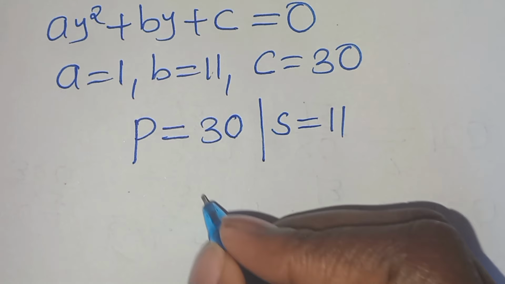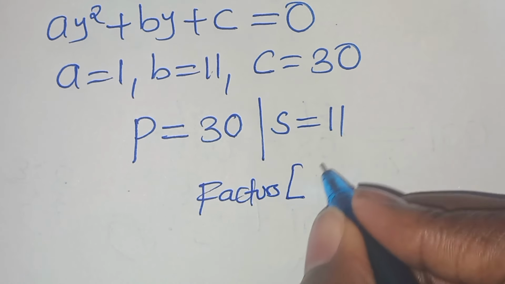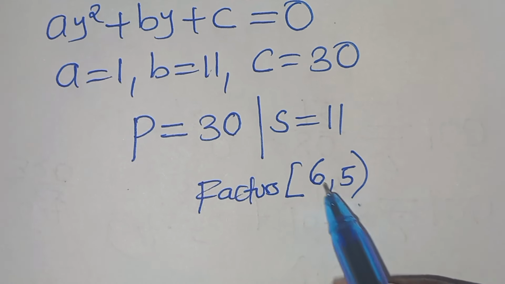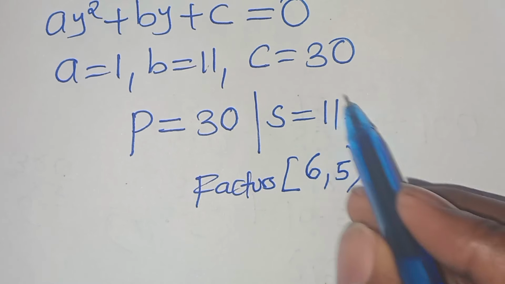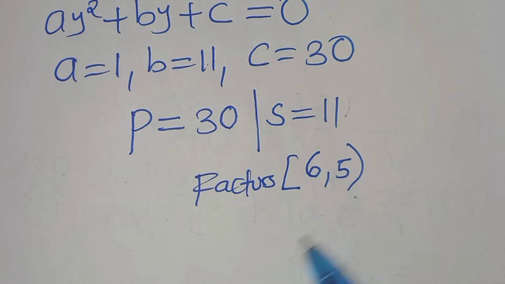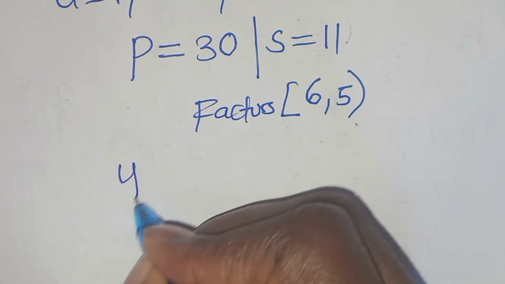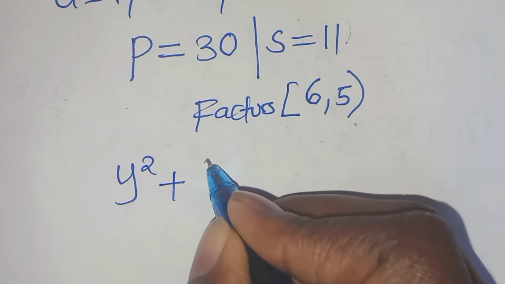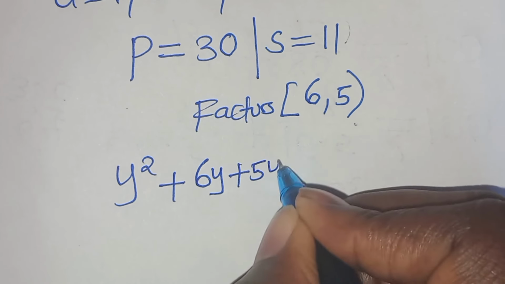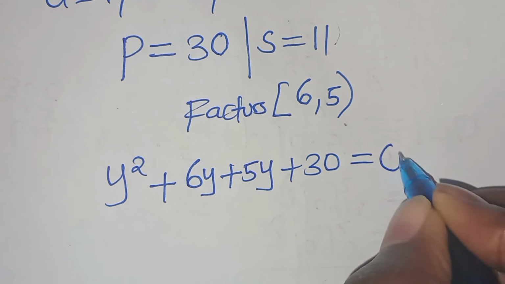Let's identify two factors. We have the two factors as 6 and 5, such that 6 plus 5 gives the sum and 6 times 5 gives the product. So let's substitute these two factors, so that we have y squared plus 6y plus 5y plus 30 equal to 0.